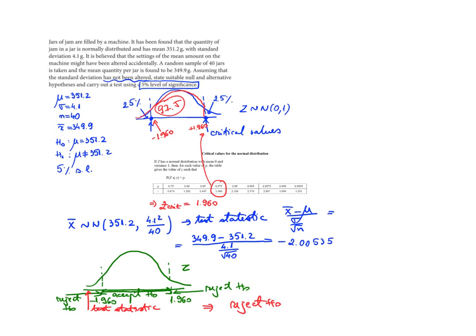There is enough evidence at 5% significance level to reject H0, therefore to claim that the jars of jam are not filled at that weight. Here is another question that I would like you to pause and try by yourself.